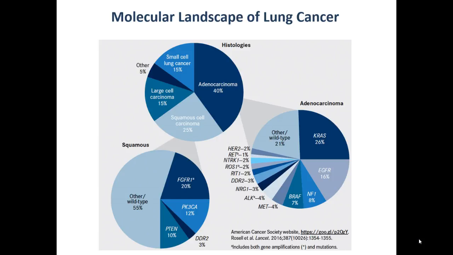Roughly a quarter of adenocarcinomas are KRAS positive. You remember from medical school or biology class that KRAS is a small GTPase, a very robust activator of proliferation and cell growth, for which a Nobel Prize was given 40 or 50 years ago.